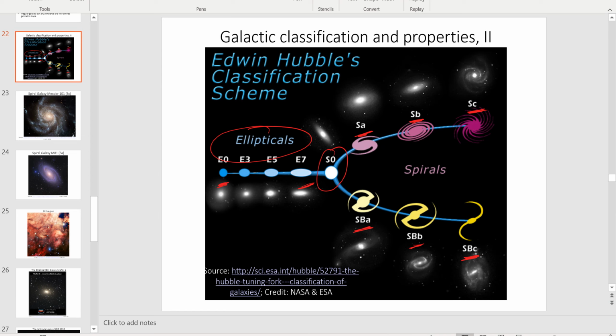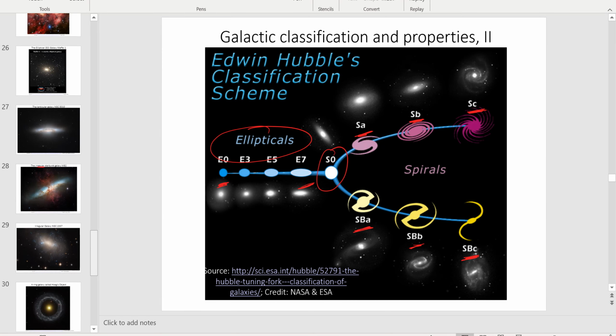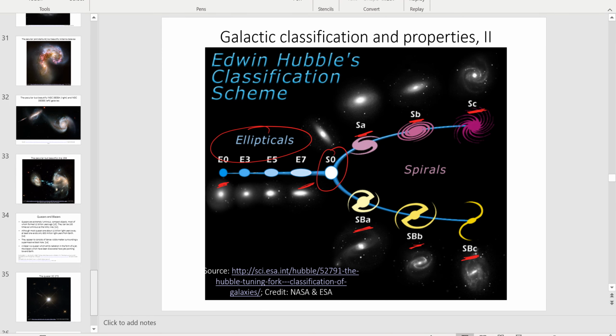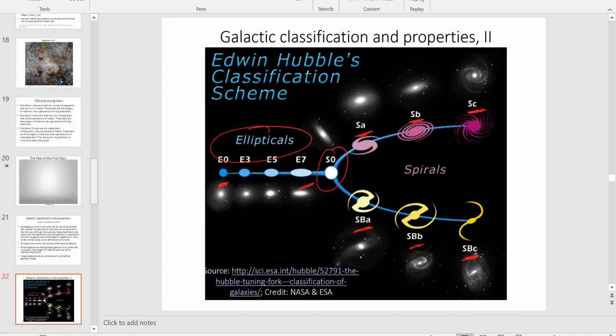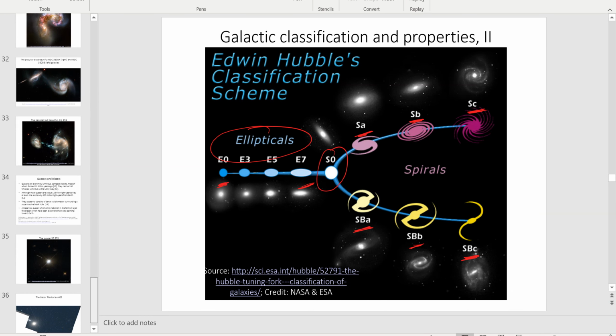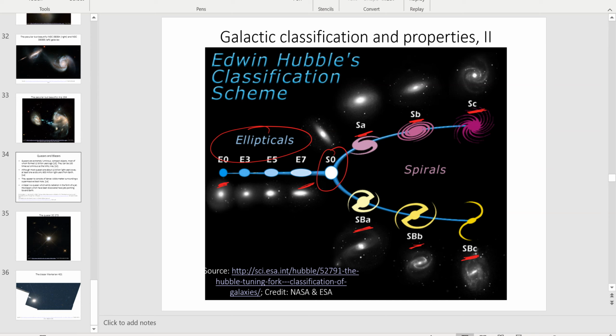And then we can categorize barred spiral galaxies as A, B, or C. I think I have a picture of a barred spiral galaxy somewhere. Perhaps not. Okay, I may have taken it out. In any case, you can Google barred spiral galaxy. I apologize for not having a picture, but as I said, this is a tangential part of this lecture, so don't worry about the barred part. I just want you to have seen this.